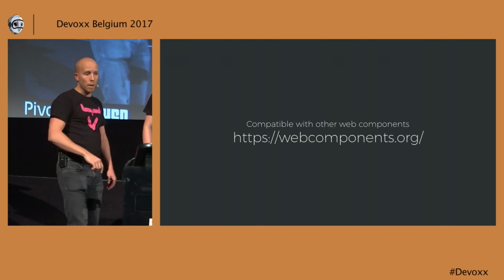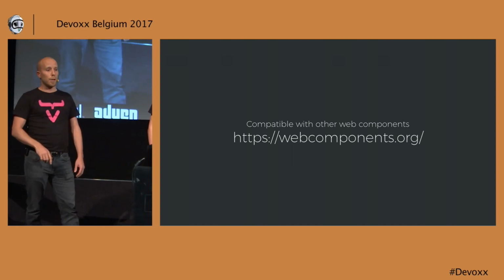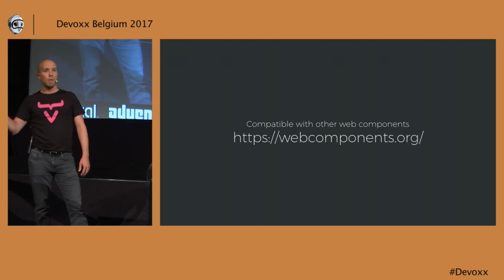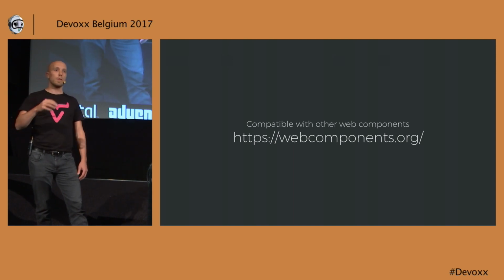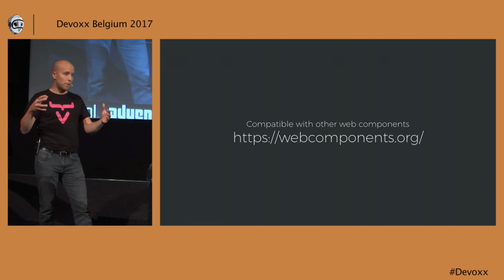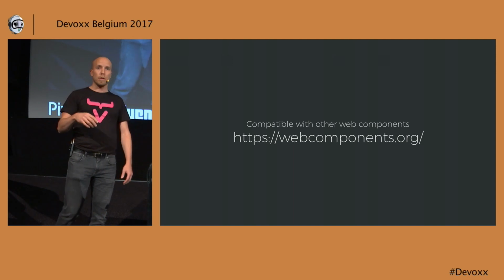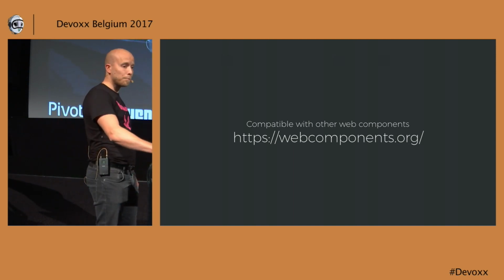And one thing more about our Vaadin Elements and other web components, go to this address. There are a lot of web components that you can use with Vaadin Elements today. So if there is something missing from Vaadin Elements, you can still keep using those and pick one component from some other vendor.